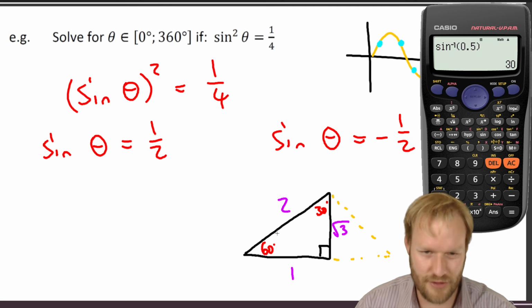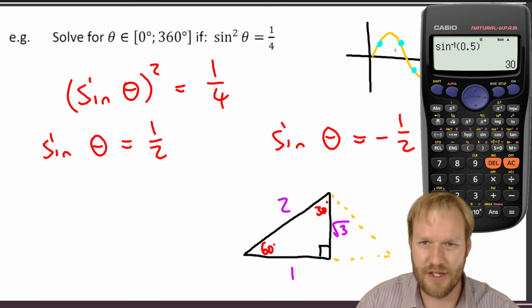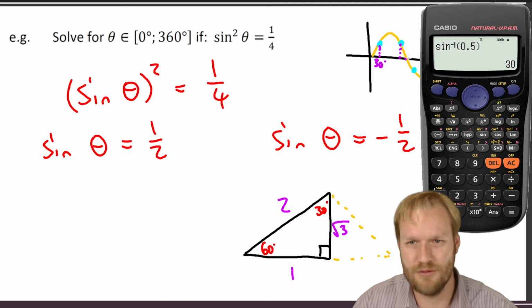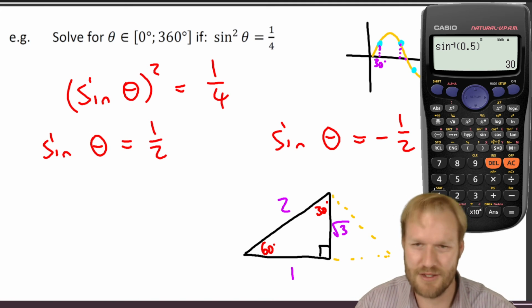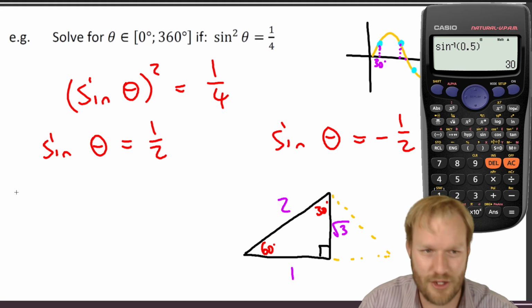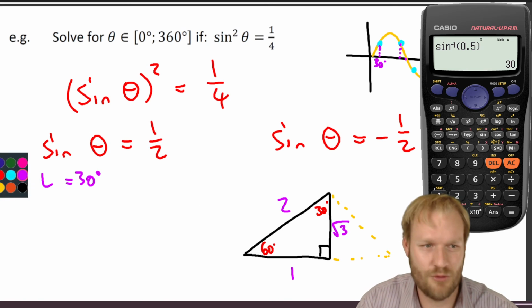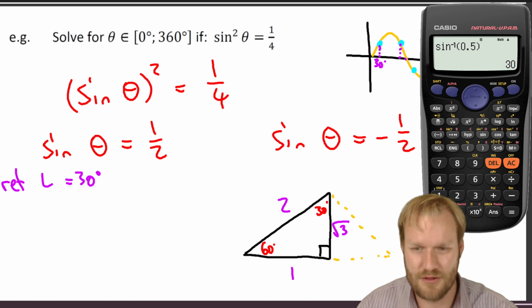So you know that 30 degrees is that answer. Therefore, you've gone 180 minus, 180 plus, 360 minus. You've got all those options. Your reference angle is 30 degrees, and we're looking in all quadrants.